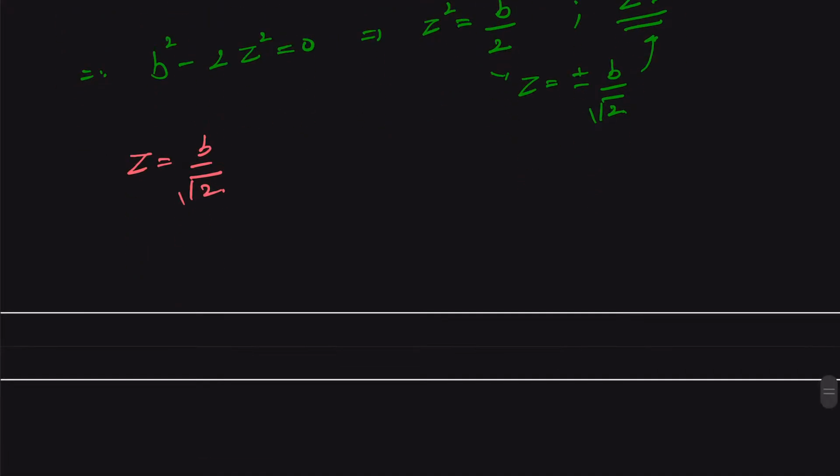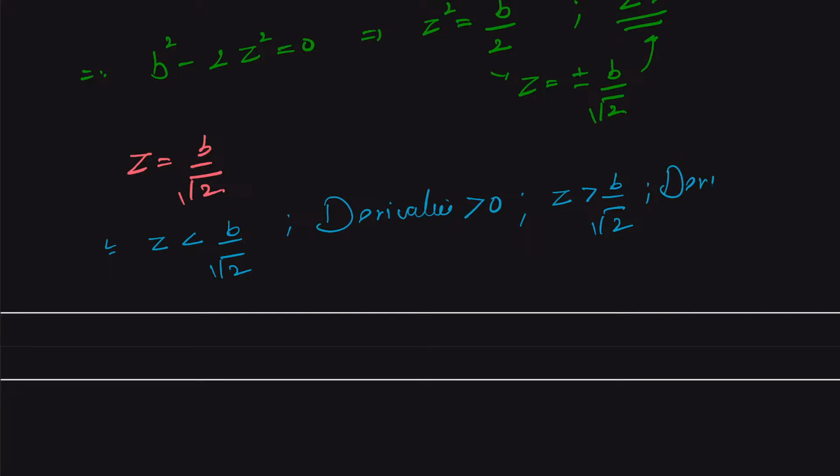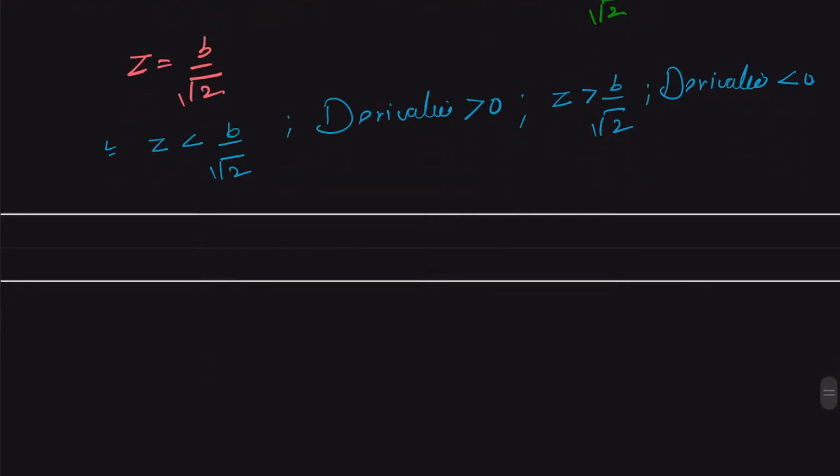So we check for Z less than B by square root of 2, we get that the derivative is greater than 0, and for Z greater than B by square root of 2, we get that our derivative is less than 0. So it means that this point is a maxima.